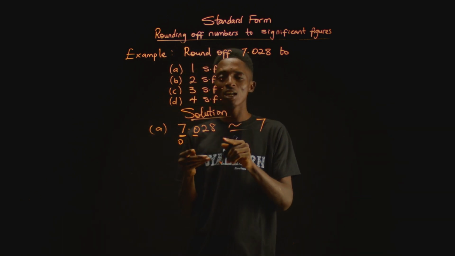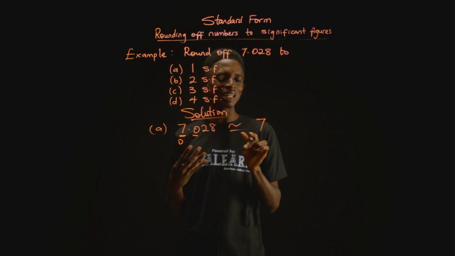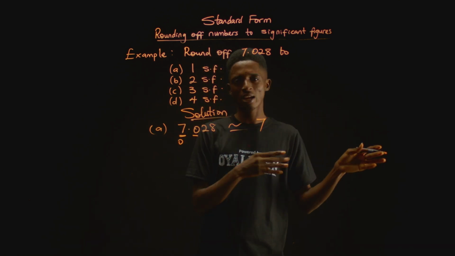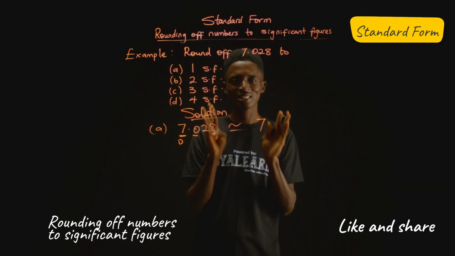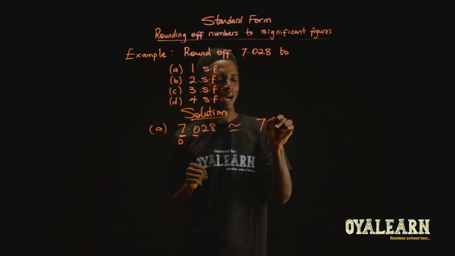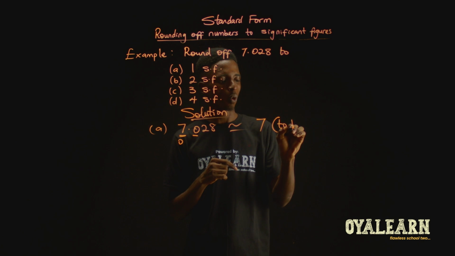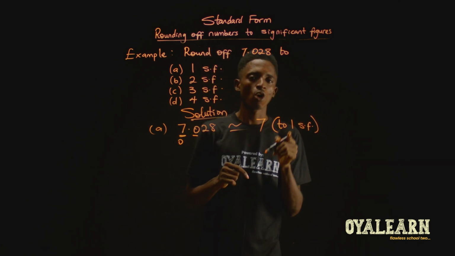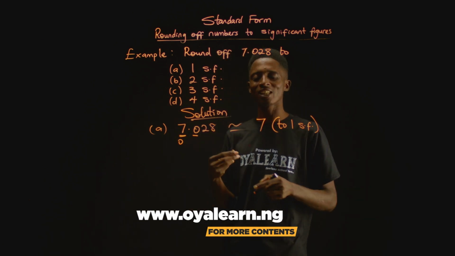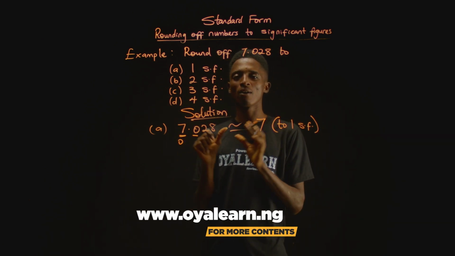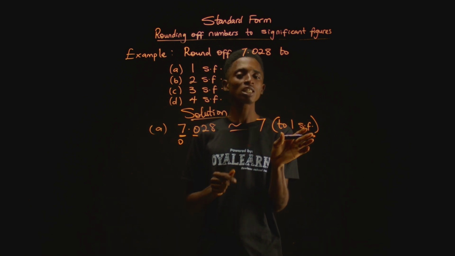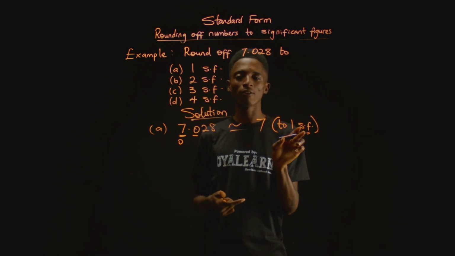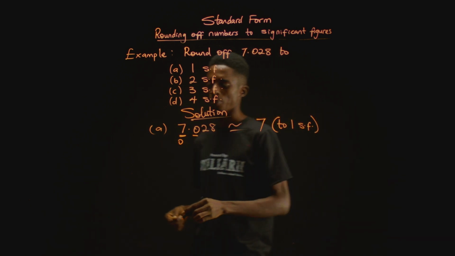And those that are becoming 0 are after the decimal point, meaning I don't need to write 0.000 anymore. I can just leave it at 7, which is a whole number. And then say this is to one significant figure. Always put this, let the teacher know what parameter you have used for your rounding off. So since we are asked to do it in significant figure, we have to put it to 1 SF.